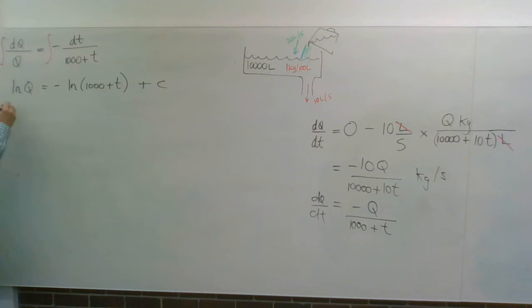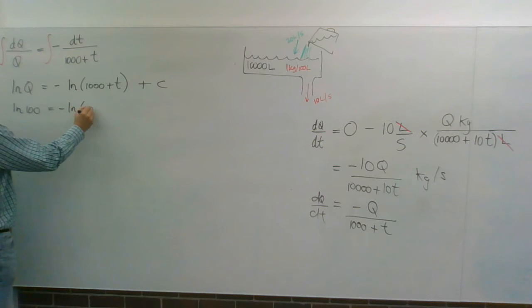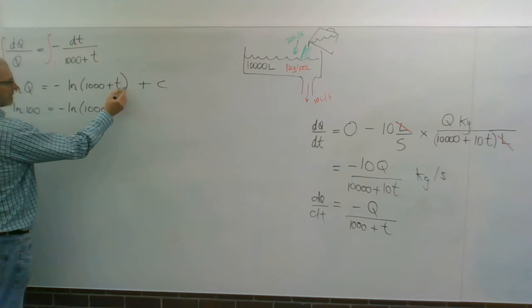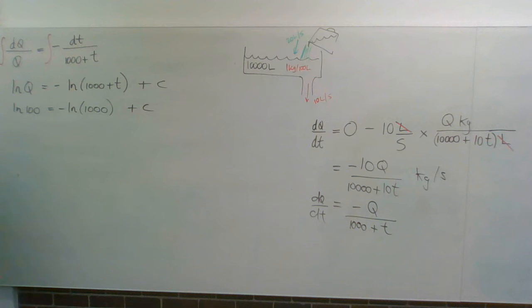So natural log of 100 is equal to minus natural log of 1,000 plus 0 plus C. So C is the natural log of 100 plus the natural log of 1,000. So C is the natural log of 100,000.